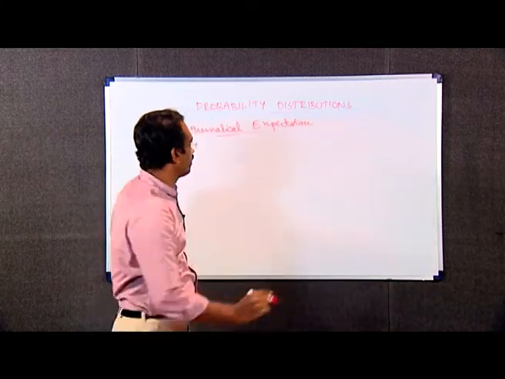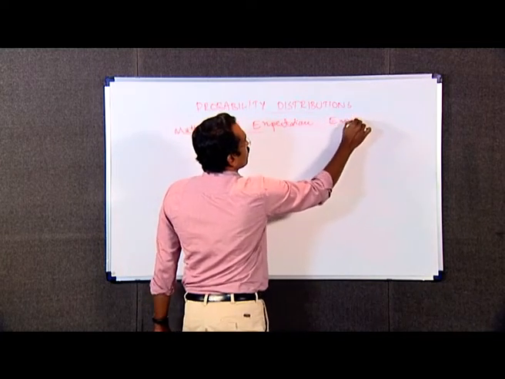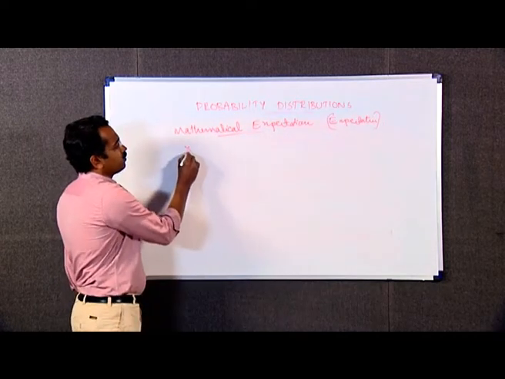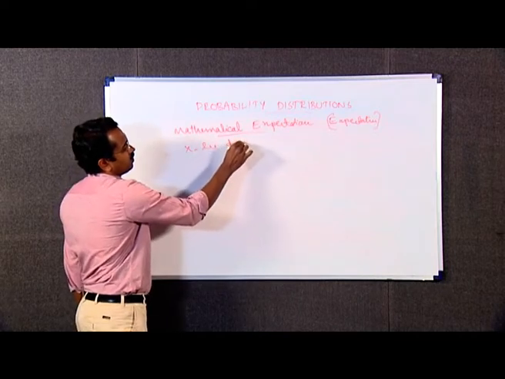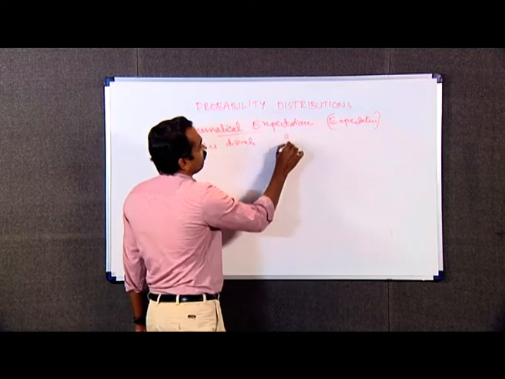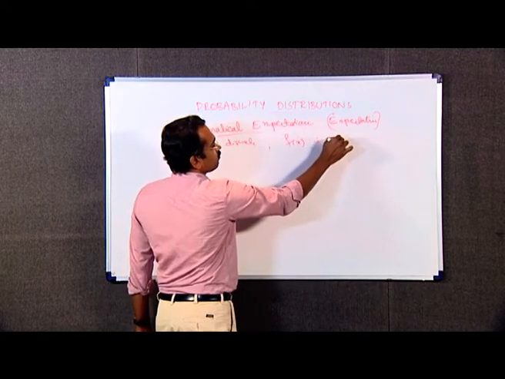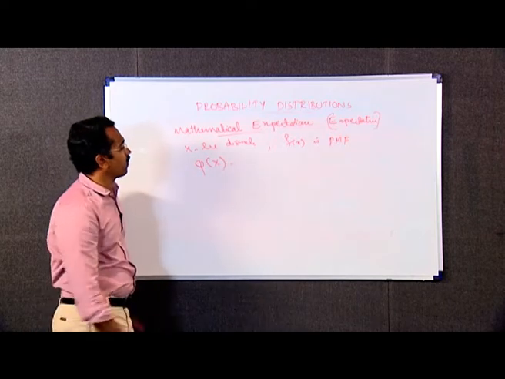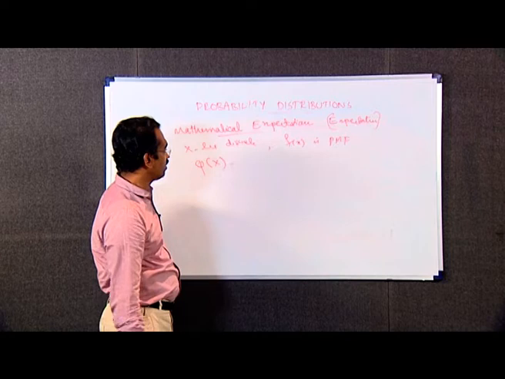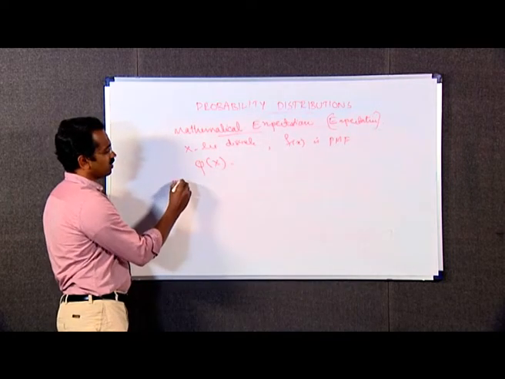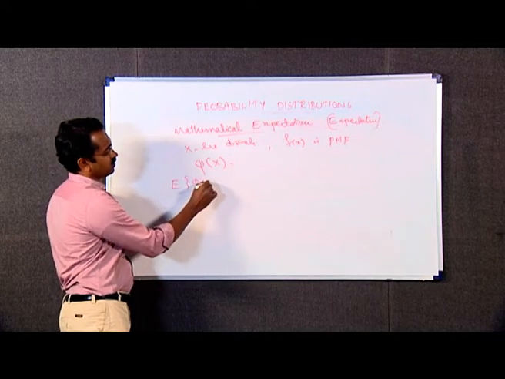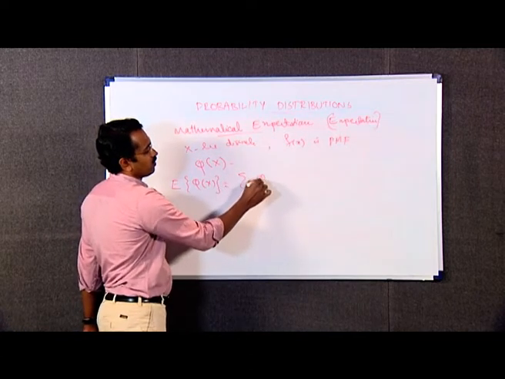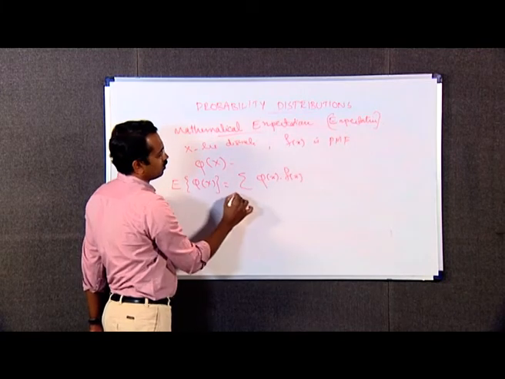Simply, expectation of a discrete random variable X. Let X be a discrete random variable, f(x) the corresponding PMF, and let phi(x) be a function of the random variable X. Then the expectation of phi(x) is defined as the summation of phi(x) into f(x) over all x.